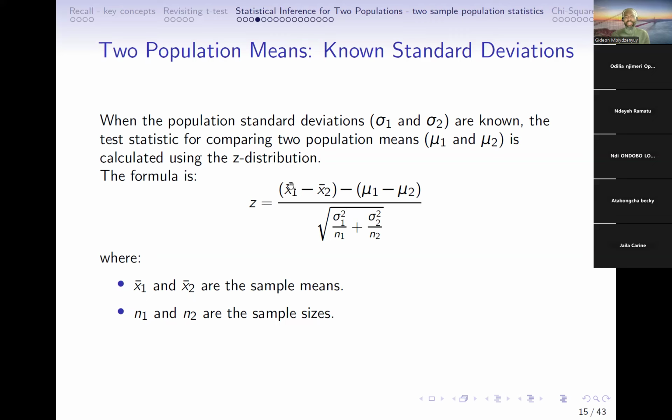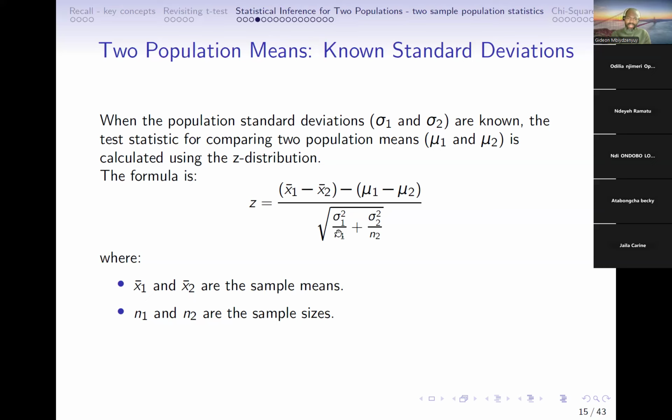Basically, in the case of one population, we didn't have 1 or 2, and therefore this was just the difference between the mean of the sample and the mean of the population. But here we have to look at the variations in the sample means and the variations in the population means, and then take their difference.